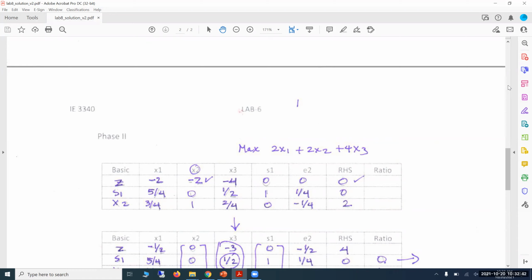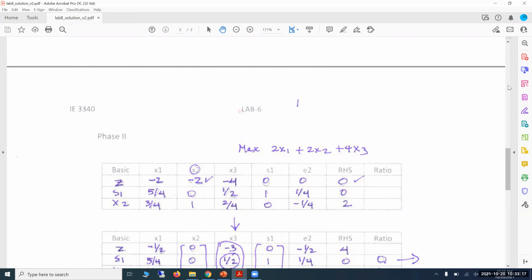Again, now that you bring the original objective function, you have to make sure before you apply the simplex method that this tableau is consistent. Your S1 and X2 are your basic variables. If you look at X2, this column is not representing the identity matrix, and for S1, we're good. So we need to make sure that this is 0 before we apply the simplex.